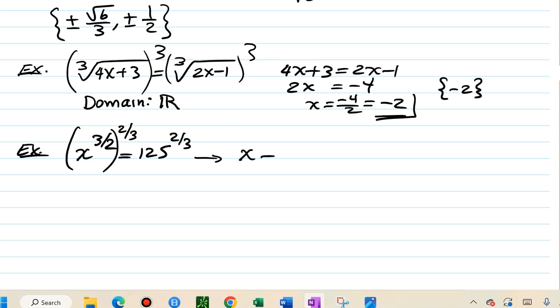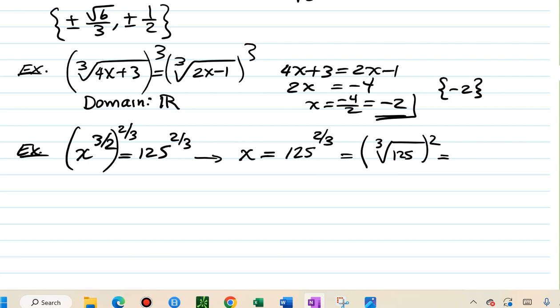So this is going to be x. Now 125 to 2/3. In order to understand that number, we have to rewrite it as a radical. 3 goes in the index, and 2 goes in the exponent, and 125 goes in the radicand.